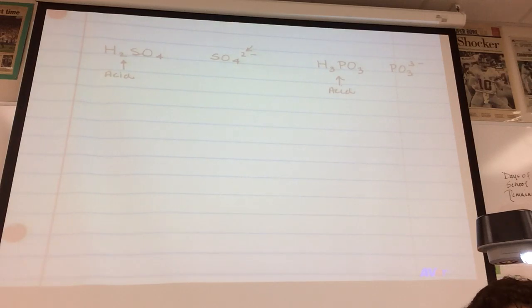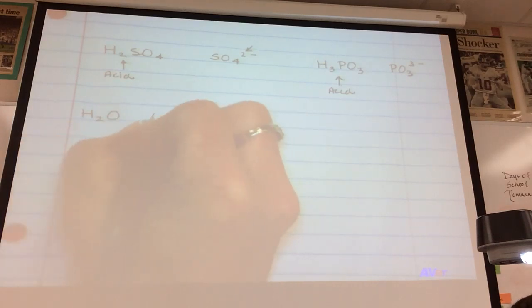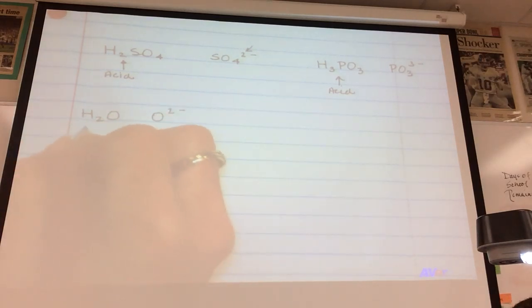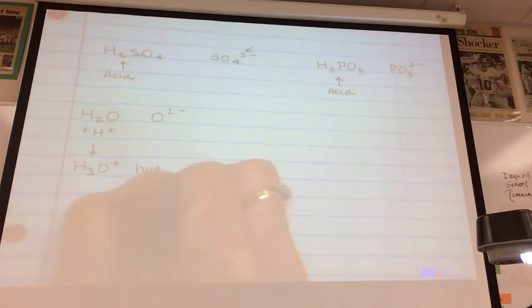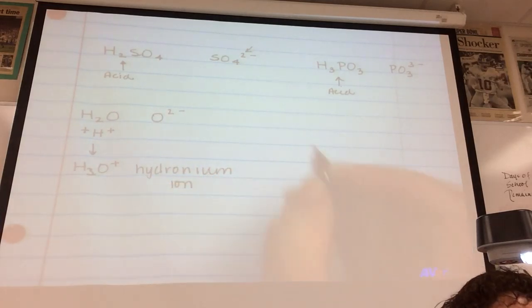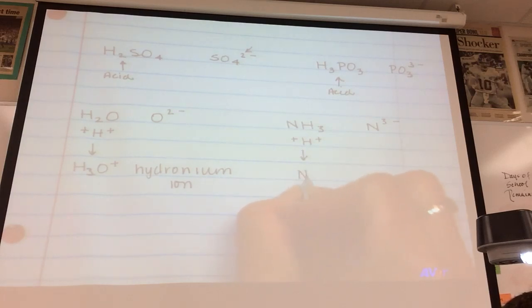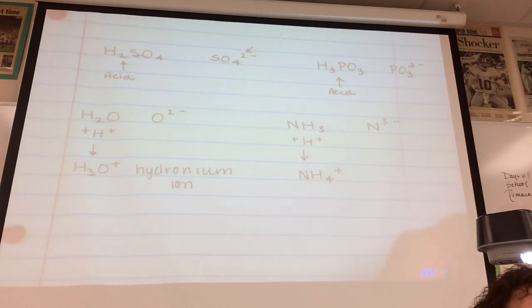The two instances I can think of where this fails include water, where water can accept a proton to generate a hydronium ion, and the other instance I can think of is with ammonia, where you would think the most would be 3, but it can accept another proton to form ammonium ions.